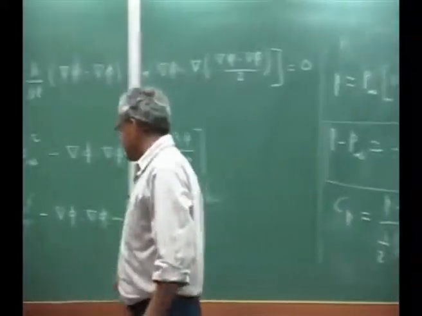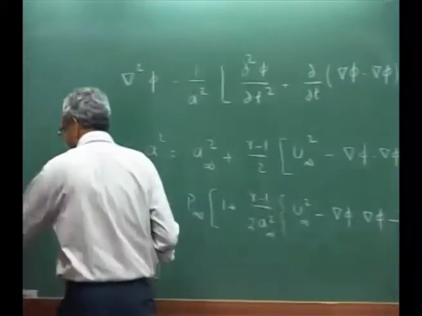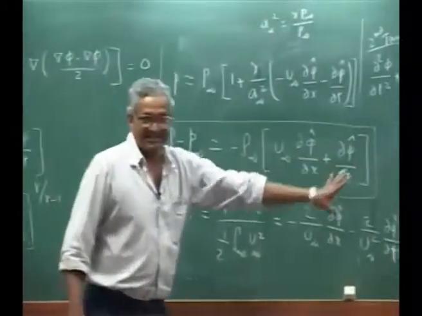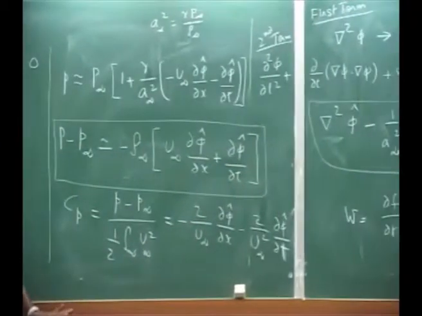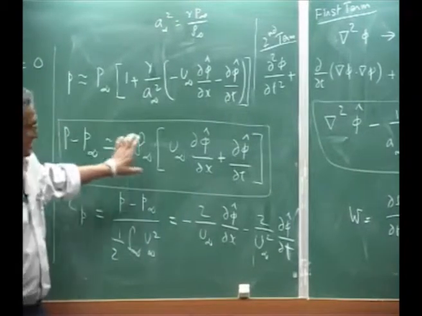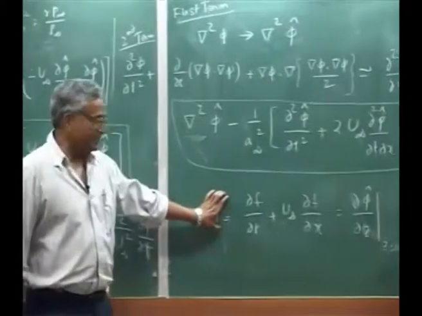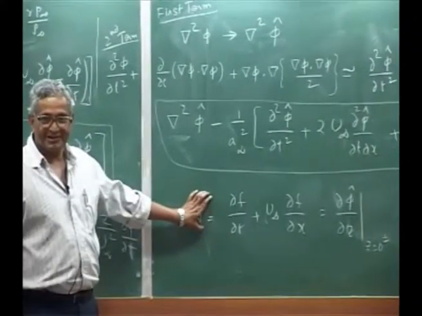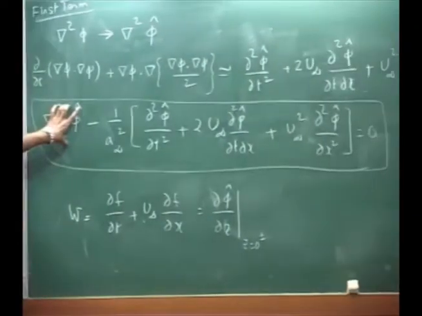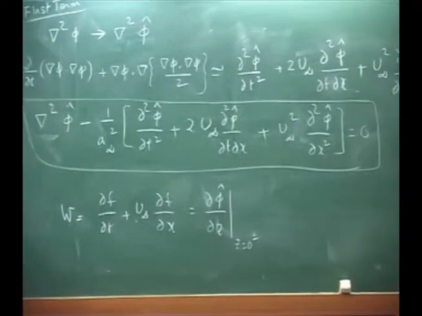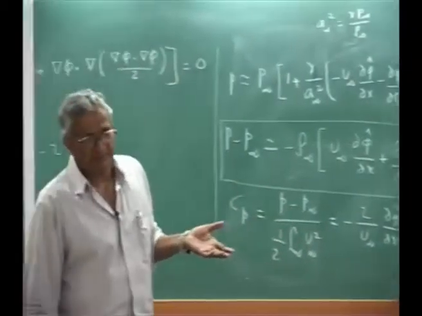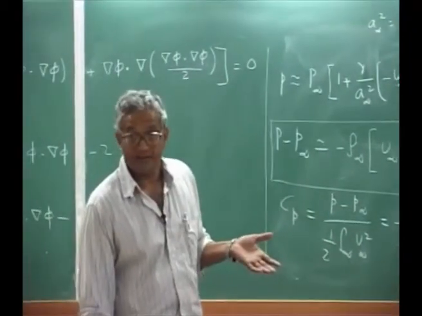I am eliminating the hat from all these equations. I will use only this equation, and this equation. That's all. My local speed of sound, small disturbance, you can always get what is the local speed of sound, if you want to get it.